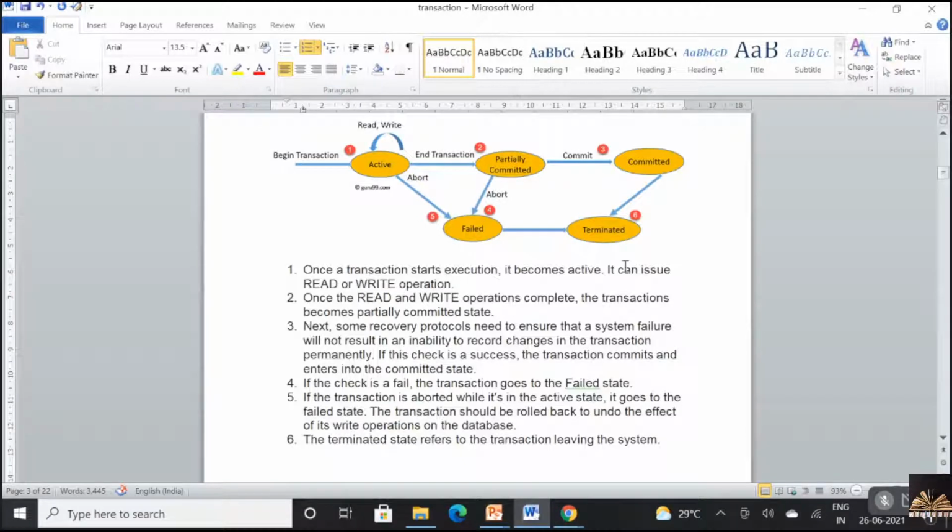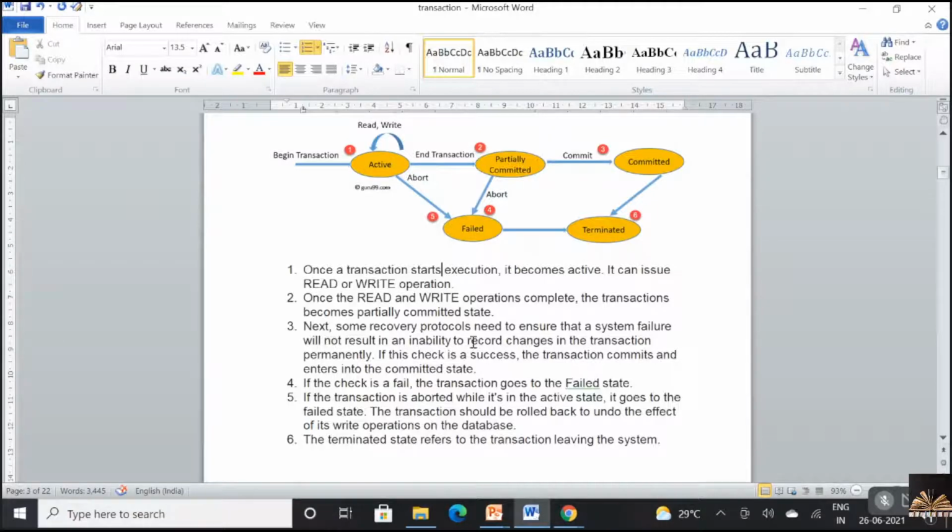It can issue a read or a write because these are the two statements that are majorly used in your transaction. Step 2: once the read and write operations are complete, the transaction enters the partially committed state. So once I feel that that is the end of my transaction, from active, if I reach the end of the transaction, I enter the partially committed state.